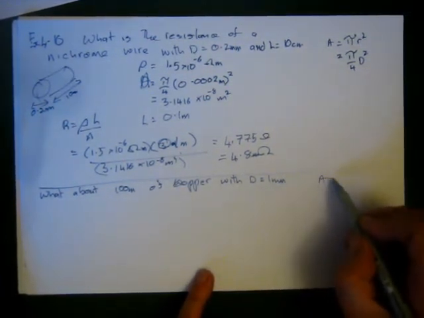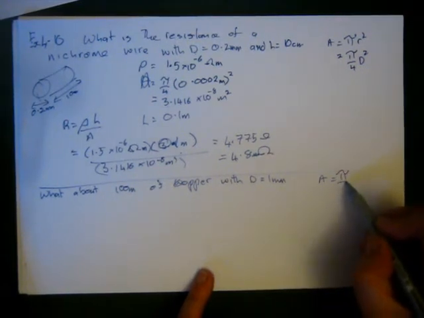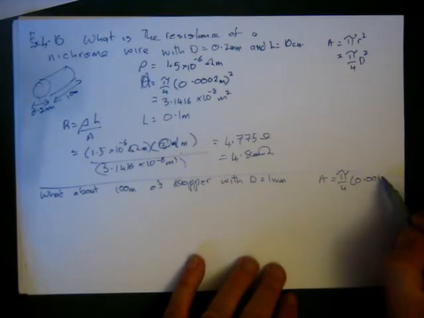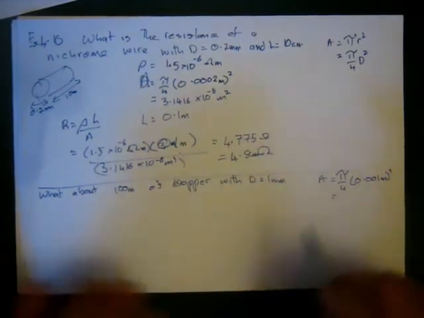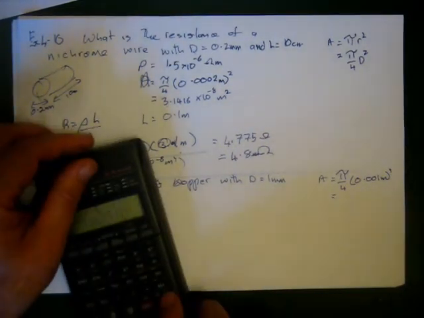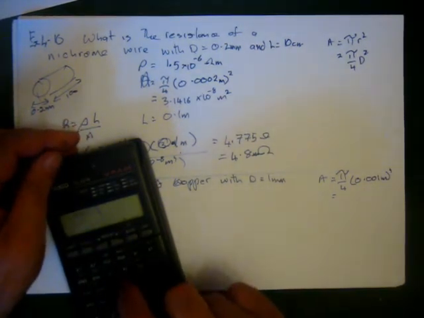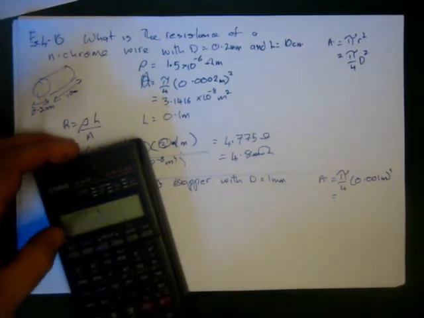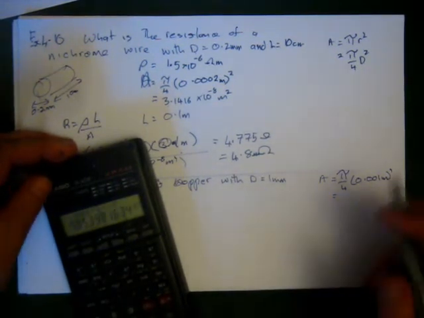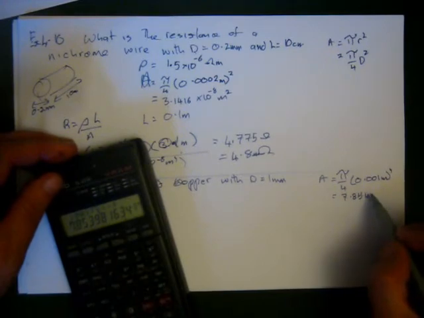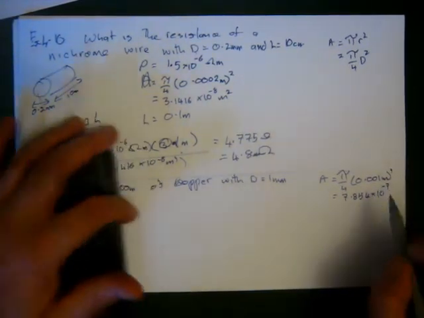So area is going to equal pi over 4 times 0.001 meters squared. 0.001 squared times pi divided by 4 equals 7.854 times 10 to the negative 7.